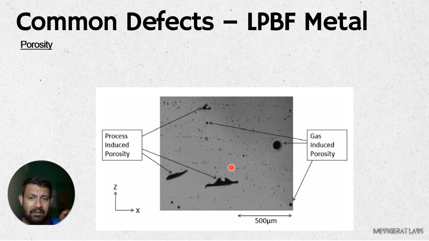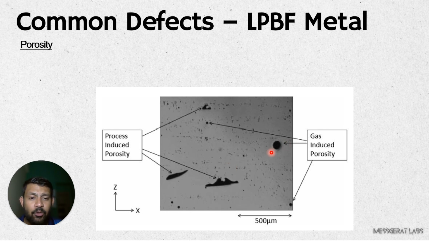When it melts, there can be high energy which you are giving to melt, or there can be low energy. You exactly need to give the appropriate amount of energy which will result in dense metal, but sometimes we don't get dense metal, we get porosity.